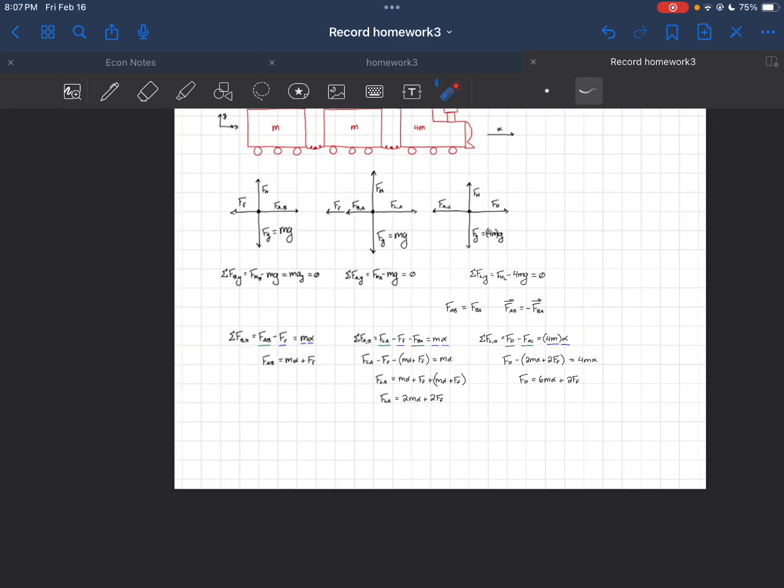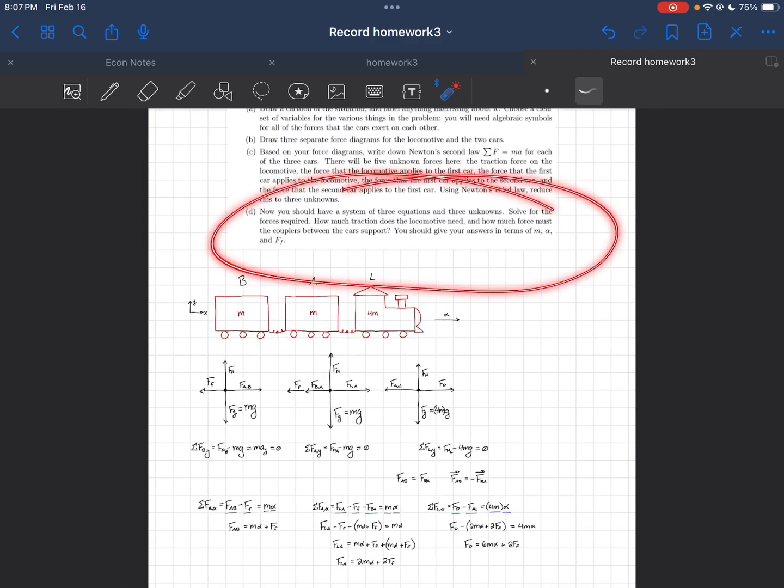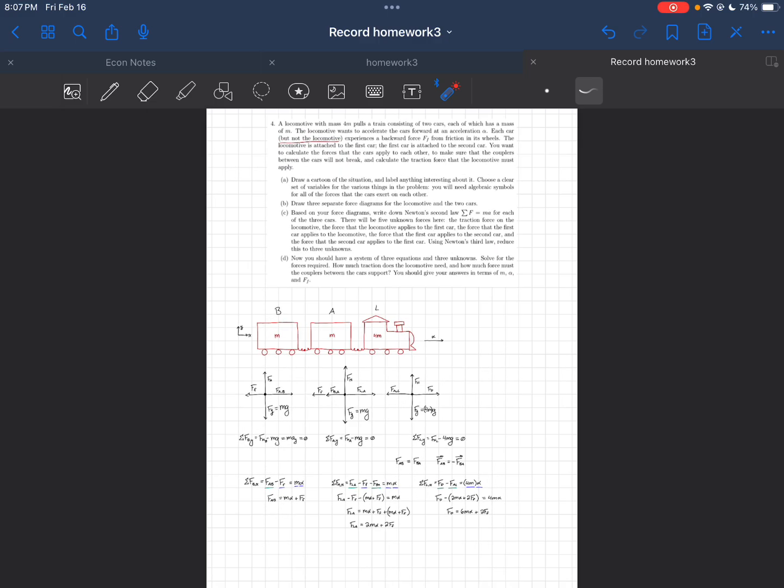That will give me the driving force of the locomotive. So I have successfully solved for my forces in the couplings and the driving force of the locomotive just in terms of M, alpha, and F_F.